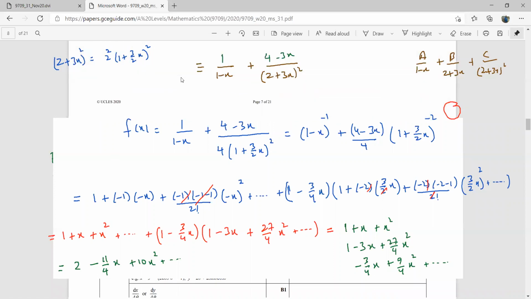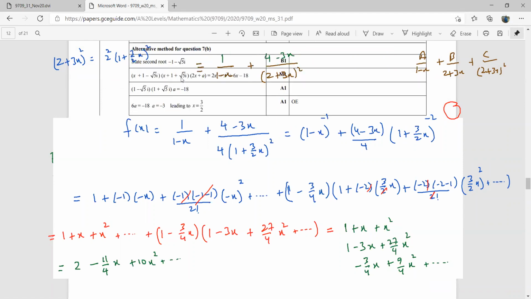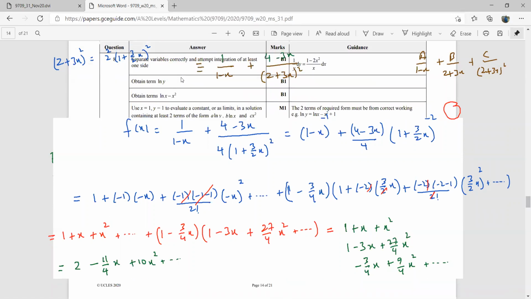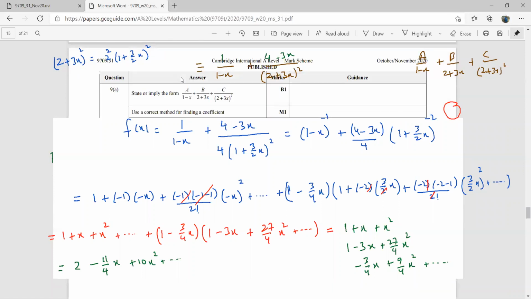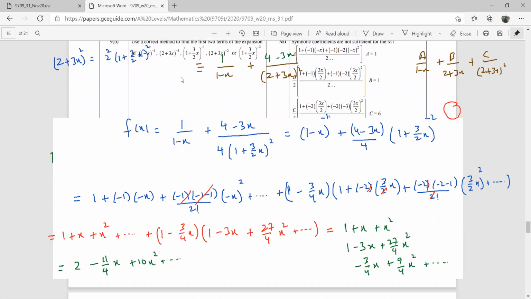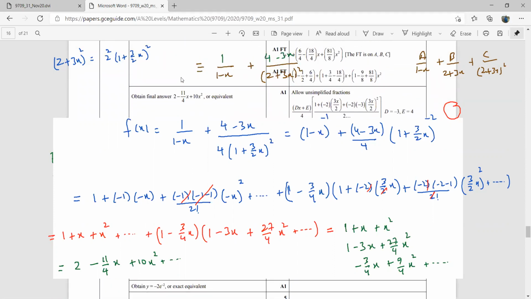This was what question, beta? Question number 8? No, 9. Okay, nine's last part, the expansion. Yeah, 2 minus 11 over 4x. Yeah, absolutely right. So this is the right answer.